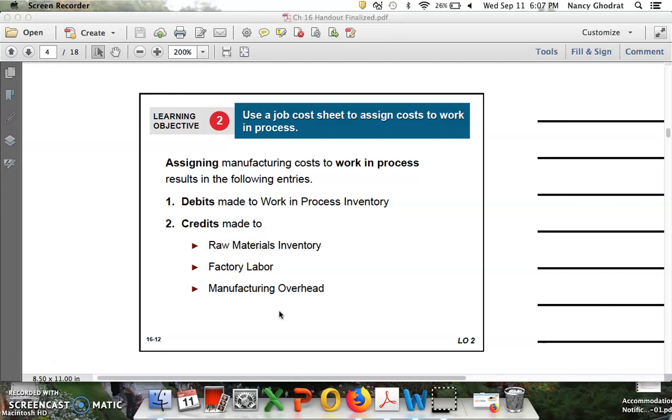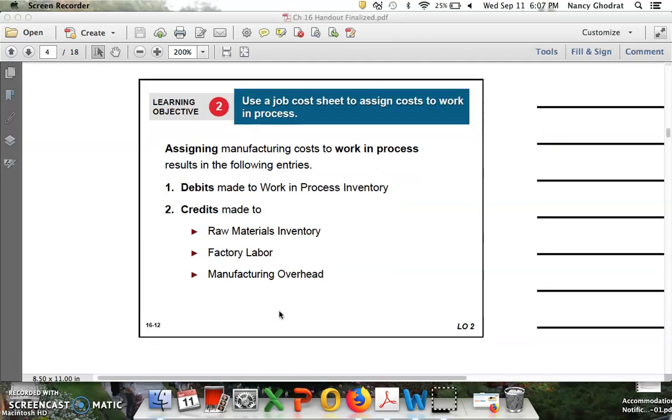So in order to assign manufacturing cost, work in process is going to get debited, and the three costs, raw materials inventory, factory labor, and manufacturing overhead, will be credited. So we're moving cost from the three accounts, raw materials, factory labor, and manufacturing overhead, to a new account, work in process.